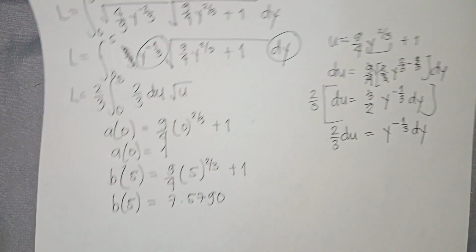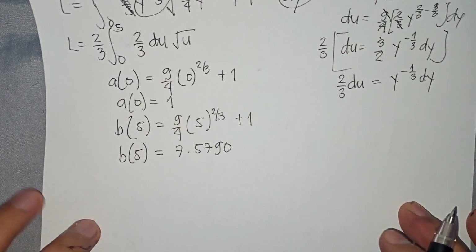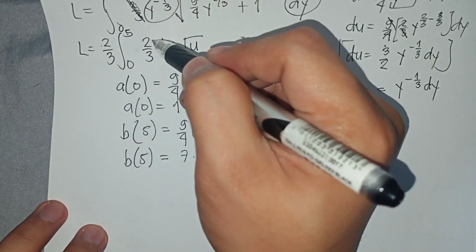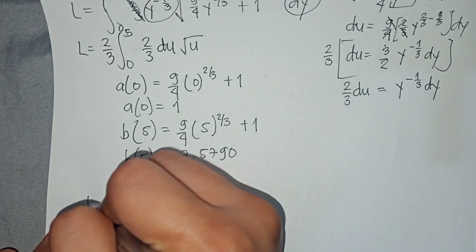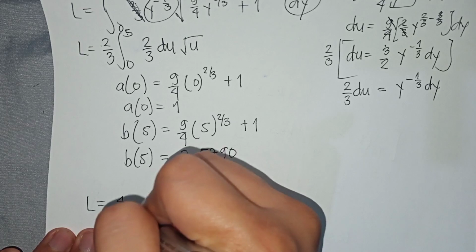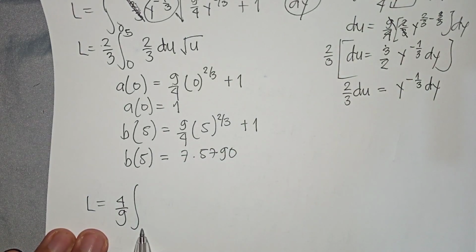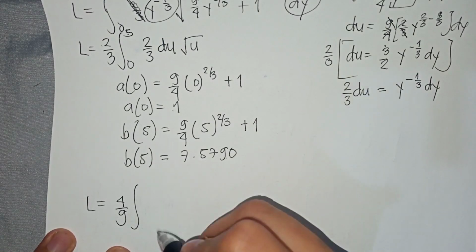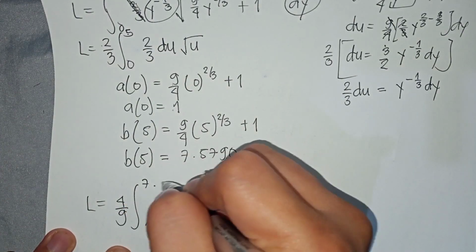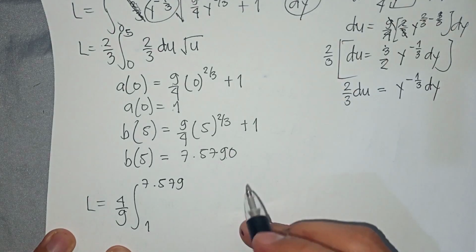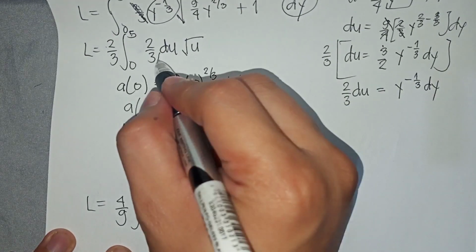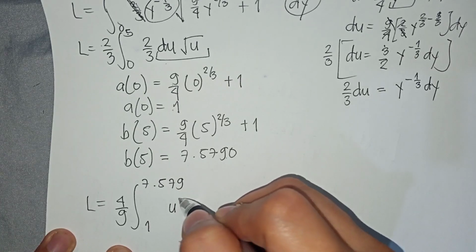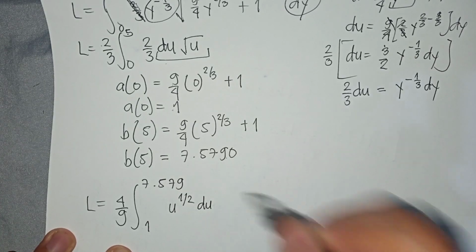Okay. So, evaluate natin ito, yung integral nito. So, 2/3 times 2/3 yan ay 4 over 9. Tapos, yung bagong limit ng integration natin, from 1 to 7.579. So, from 1 to 7.579. Tapos, yung nasa loob ng integral natin, yan ay square root of u du, or simply u raised to 1/2 du.